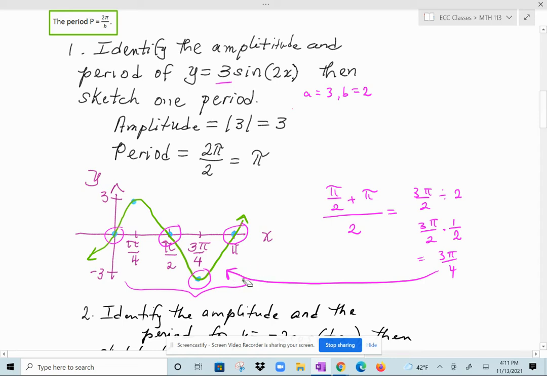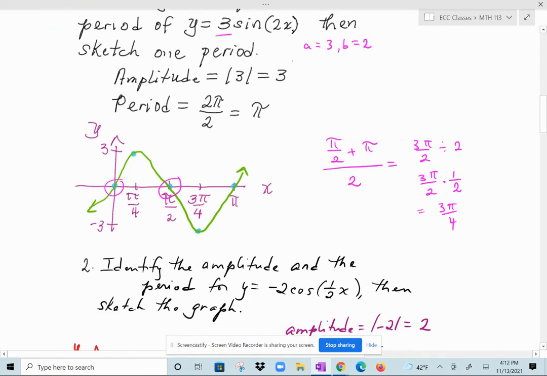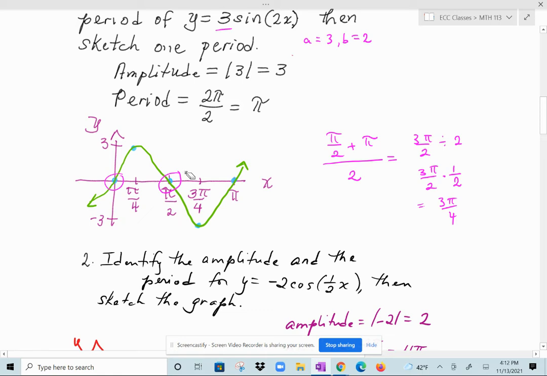Okay, so let's do another problem using our cosine function. And again, amplitude and period will be impacted because of the values that are given. So I have y is equal to -2 cosine of 1/2 x.